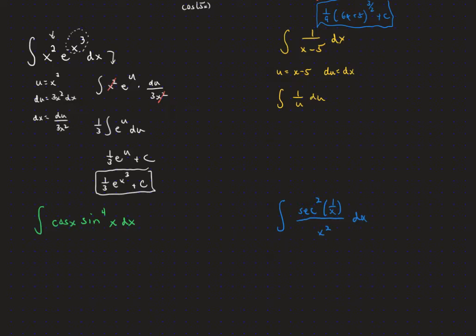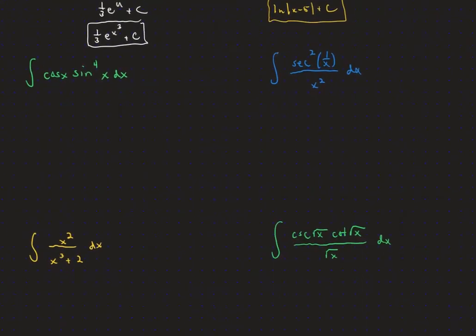This is an integral that is sometimes tricky when you're starting out, but the integral of 1 over u is the natural log of the absolute value of u plus our constant of integration. And going back and replacing the u's by the x's, that makes that the natural log of the absolute value of x minus 5 plus c.